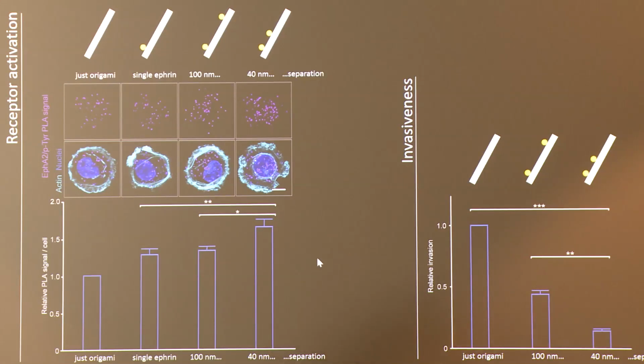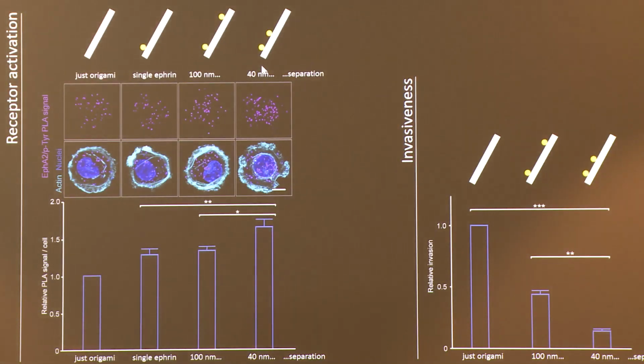Here we use a technique called proximity ligation assay. You will just have to believe me when I say that these magenta dots represent activated receptors. And we get much more of these dots when we use a 40 nanometer separation compared to 100 nanometer separation.